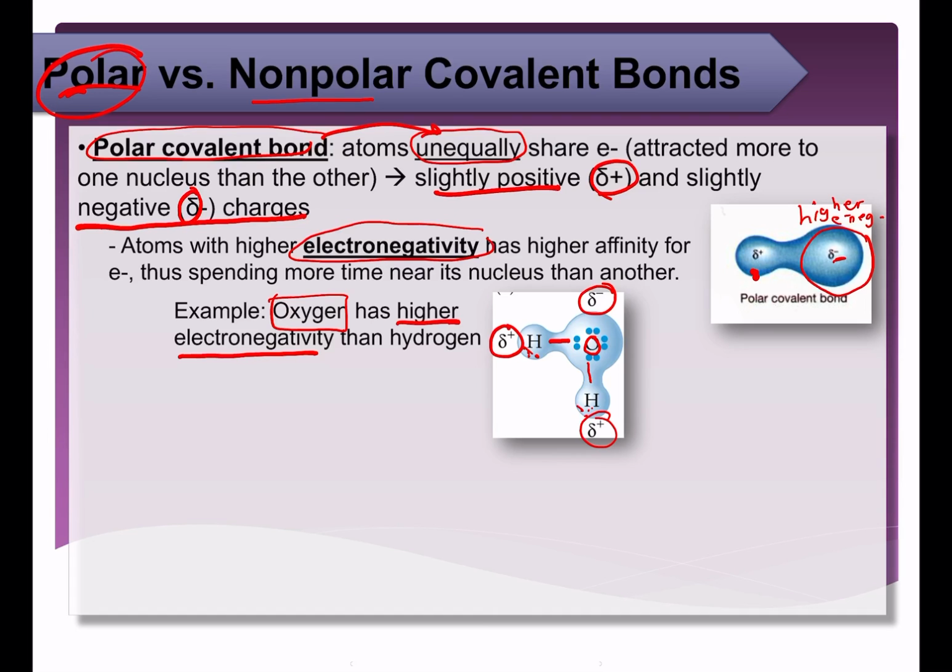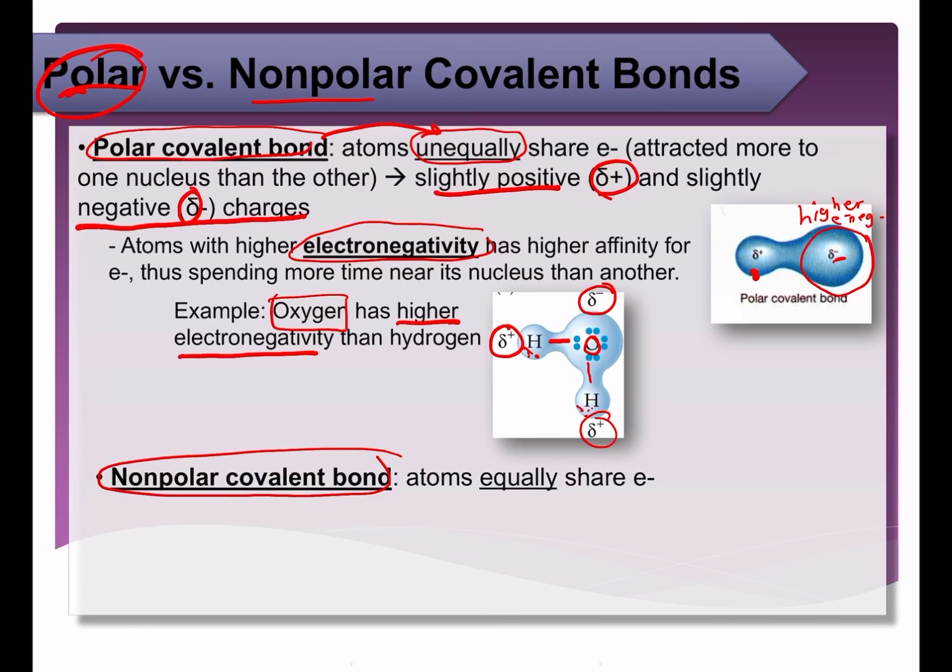When there's no difference in electronegativity between two atoms of a molecule, we refer to this type of covalent bond as a nonpolar covalent bond, because they equally share electrons. They share the same amount of electrons between the atoms.